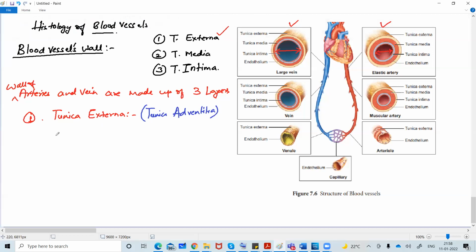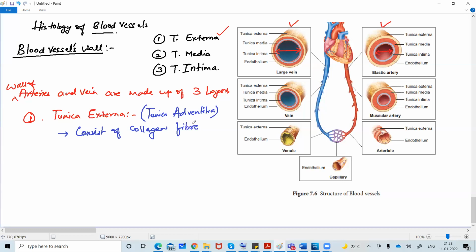That is another name. This layer, externa, actually consists of collagen fiber.